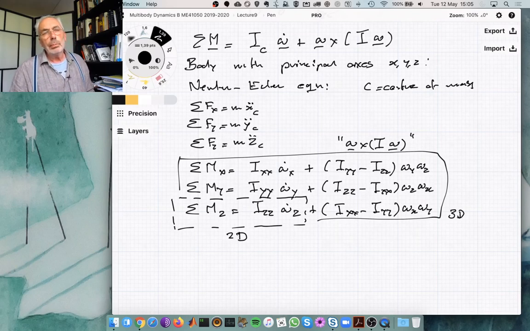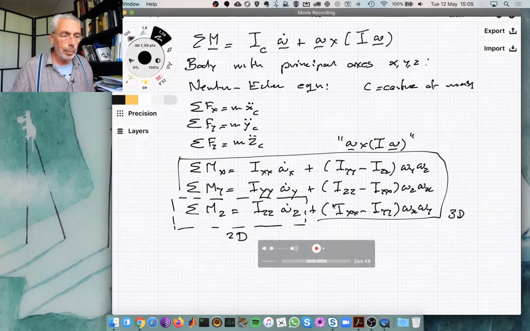So as I said at the beginning of this lecture, moving out from a two-dimensional world to a three-dimensional world, you would say, oh, that's only one dimension more. But if we look at the rotational equation, then it suddenly increased enormously in complexity. From this one simple equation, we went to three highly coupled equations with nonlinearities.